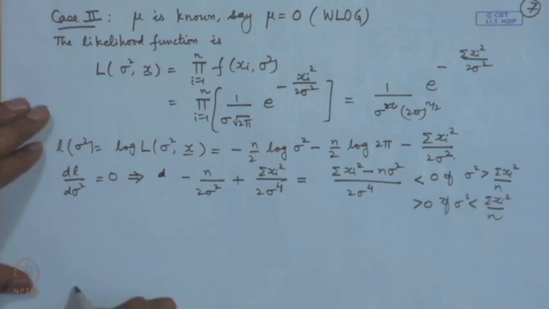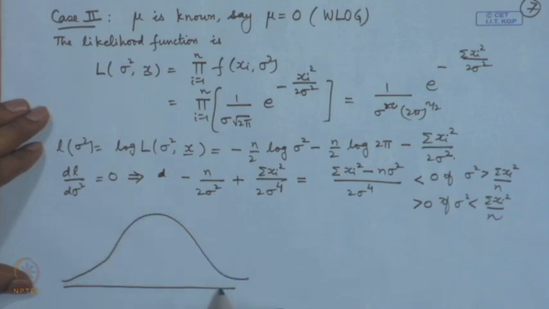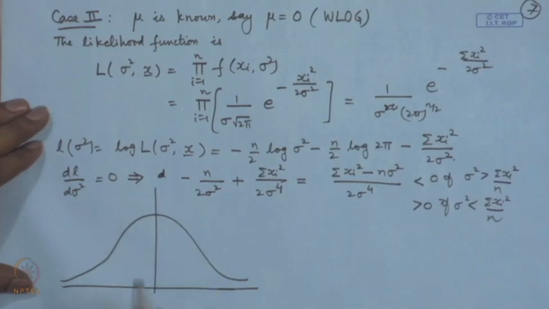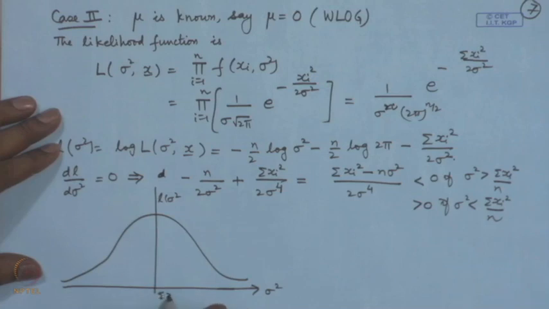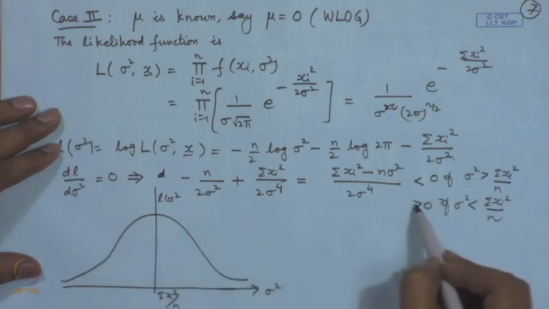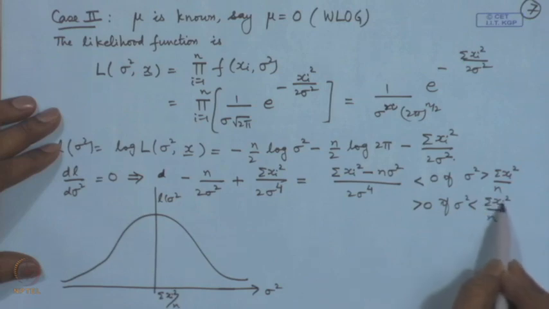So, if we look at the plot of the likelihood function, then naturally the likelihood function is increasing up to sigma x i square by n, because the derivative is positive for sigma square less than sigma x i square by n.